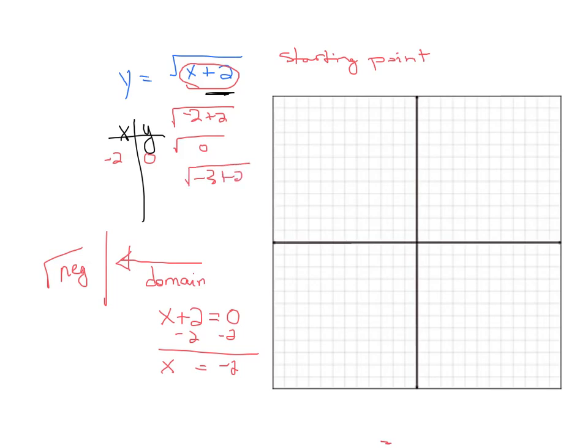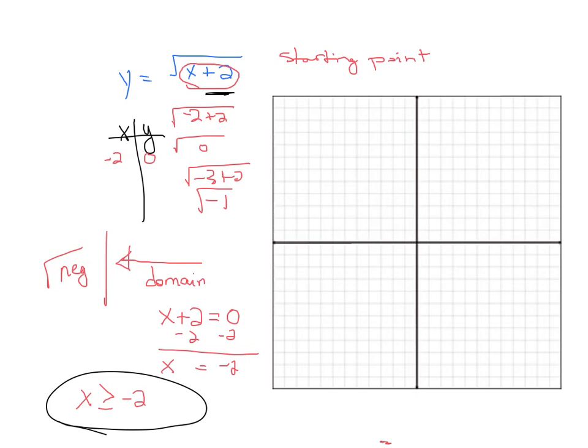We get the square root of negative 1. So there's nothing to the left of negative 2 that works. Therefore, our domain is any number that is greater than or equal to negative 2. This is our domain, the numbers that could work in this equation. We now start picking other numbers.